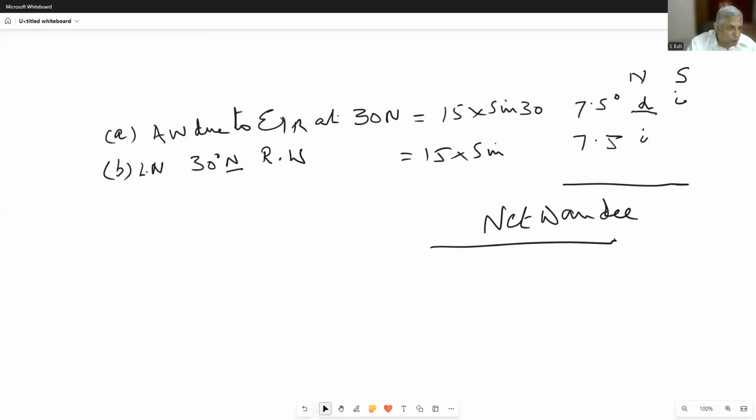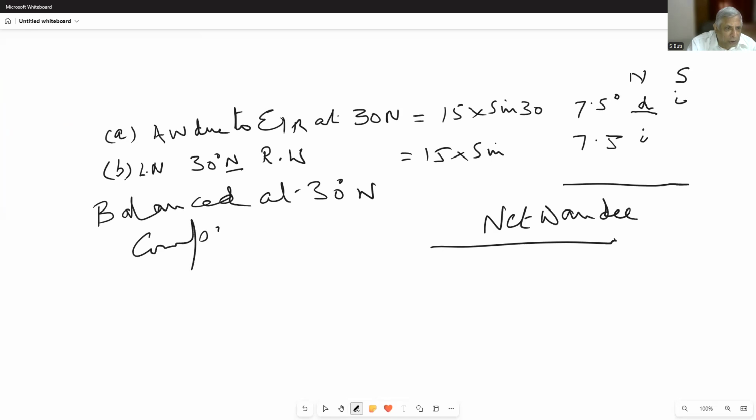So if I'm flying at 30 degrees north and I have set the latitude nut, this will be called a gyro balanced or compensated at 30 degrees north.